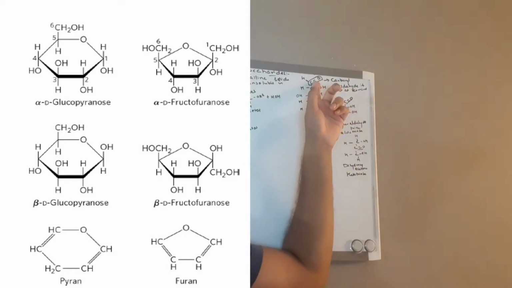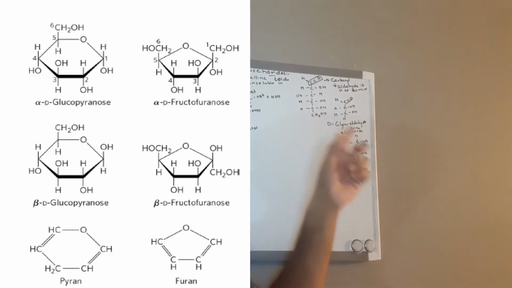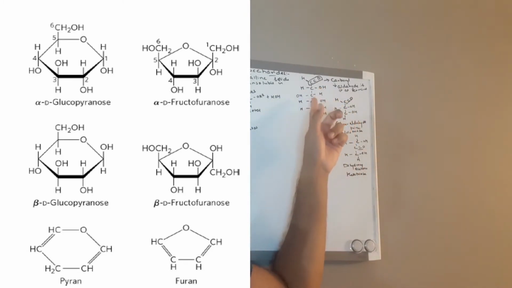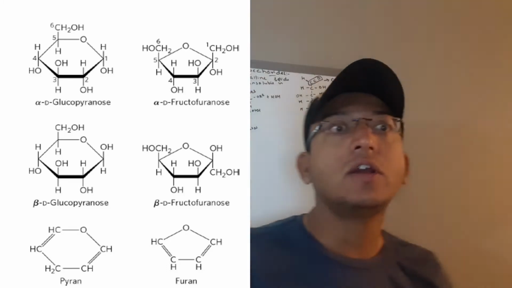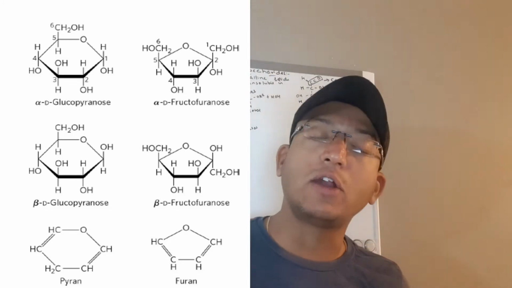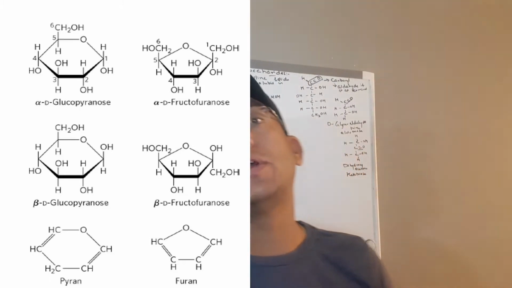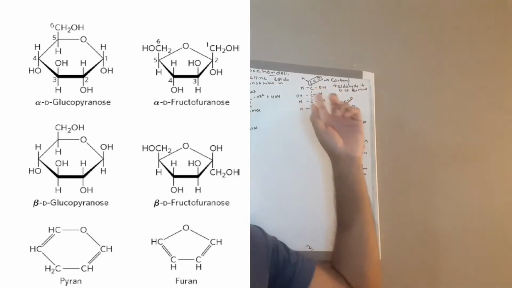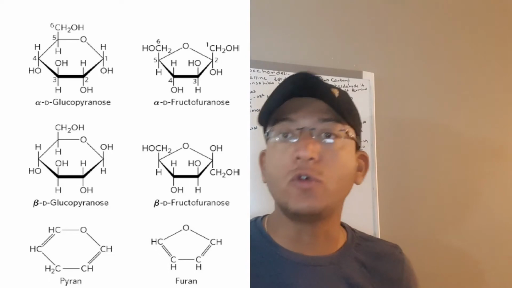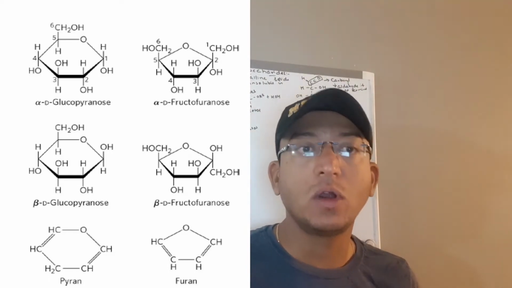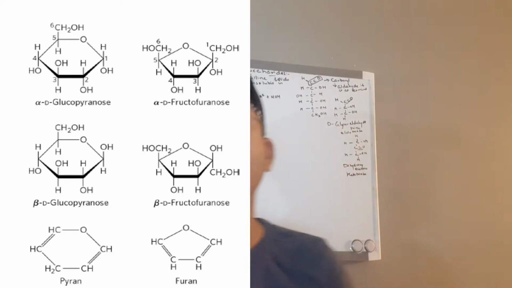If it's the terminal end, this is the aldehyde, and if it's on any of C2 to C5, it can be a ketone, right? So the hydroxyl group at C5 or C6 reacts with the carbonyl group at C2 to form a furanose or pyranose ring containing a hemiketal linkage.